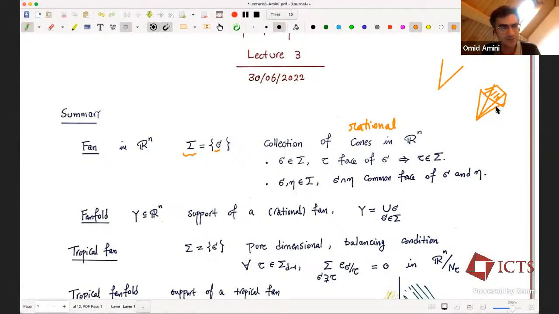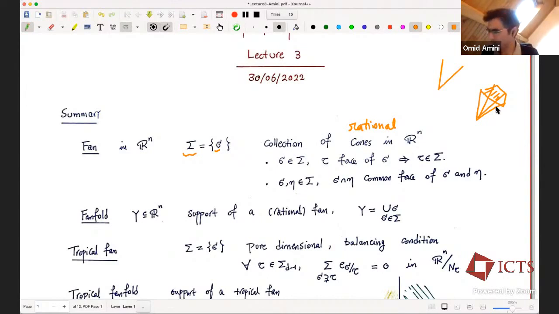So you can make this precise: it's the determinant of the vectors you see, if you look at them inside the vector space generated by the cone, is equal to 1 or minus 1. Okay, so all the cones which appear in this lecture are unimodular, because the statements will be made over the integer numbers. If you like to allow more general fans, then you just work with rational numbers.